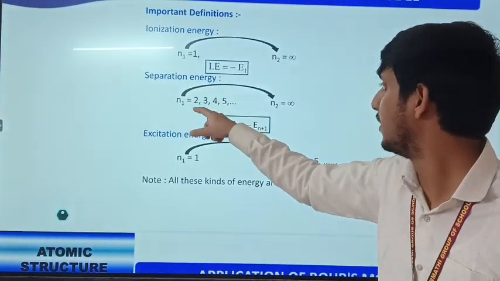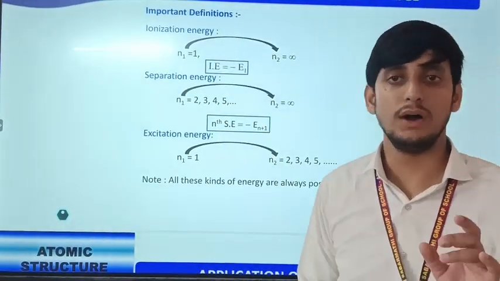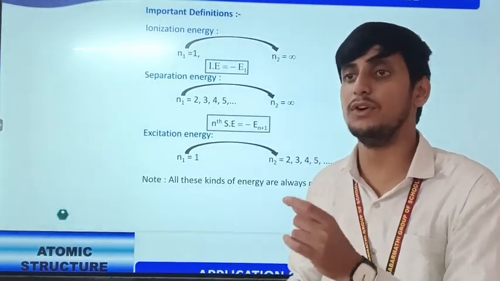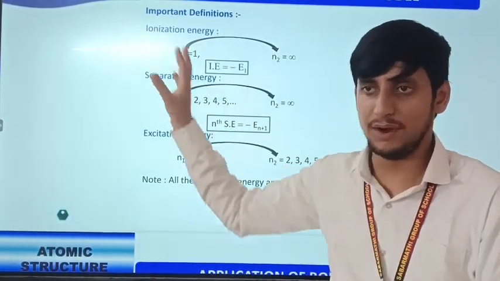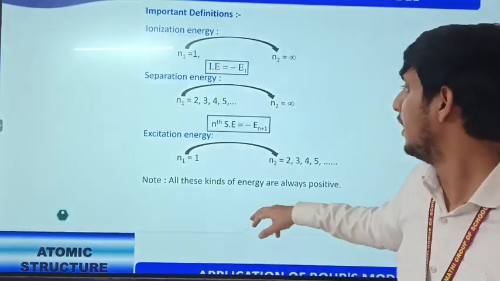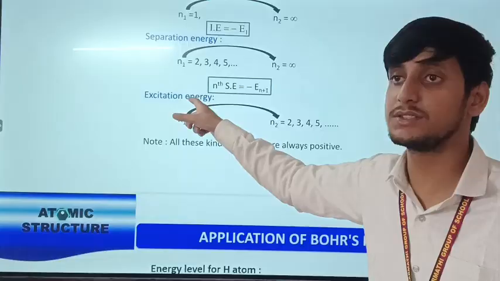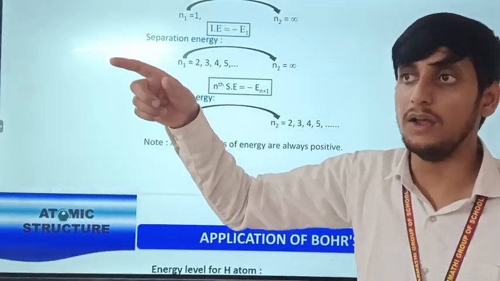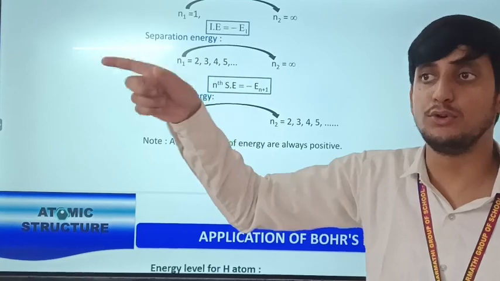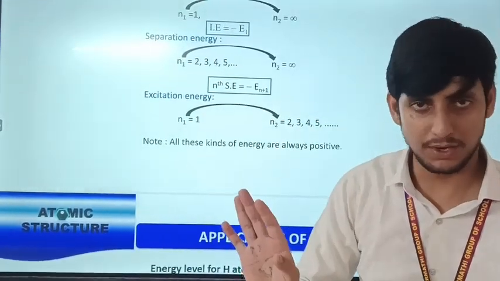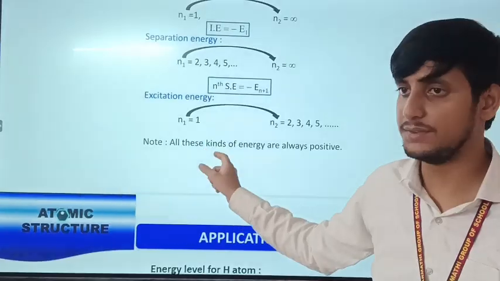Separation energy means excitation of electrons from second, third, fourth and so on to infinity. Excitation energy means n1 to other than infinity, n1 to 2, 2 to 3, 4, 5, 6, other than infinity.